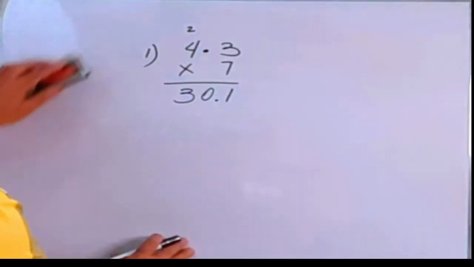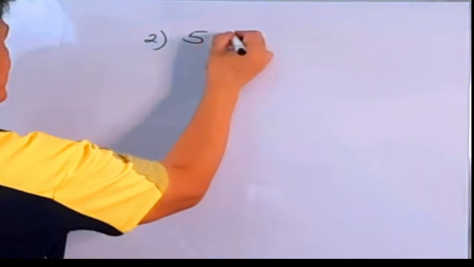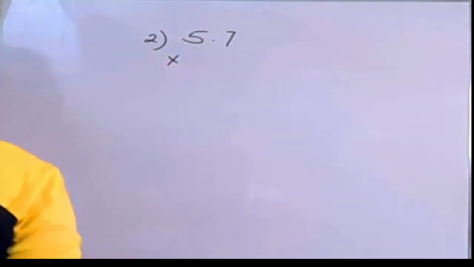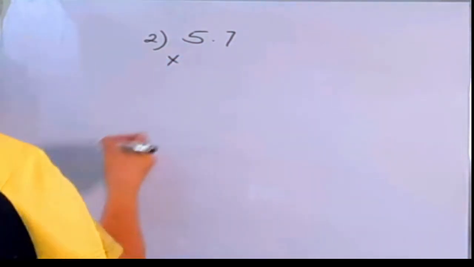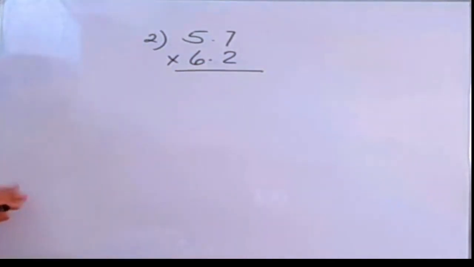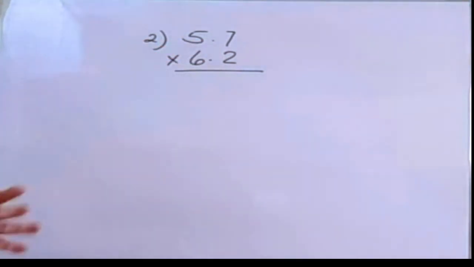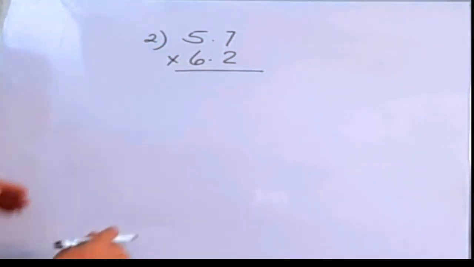Let's take example number 2. Let's multiply 5.7 multiplied by 6.2. Again, we disregard your decimal points as if we are multiplying whole numbers.